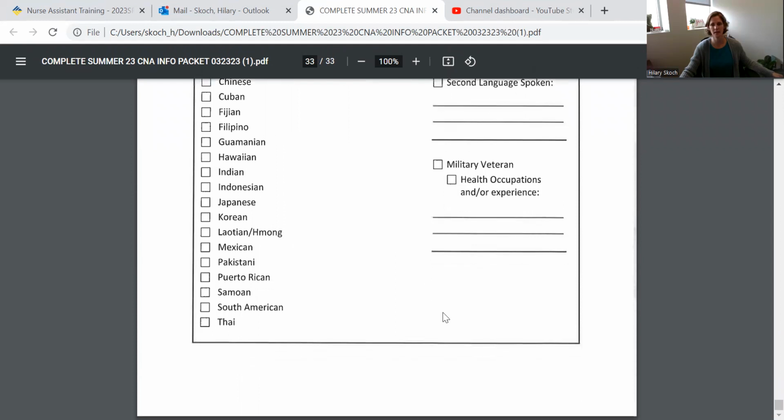Just a couple of updates regarding COVID. So as of this moment, you need to be COVID vaccinated with the bivalent vaccination or the most recent vaccination, which right now is the bivalent vaccination.